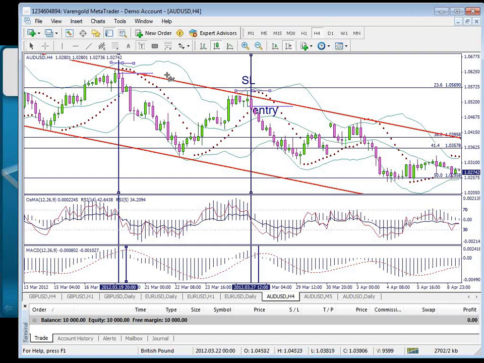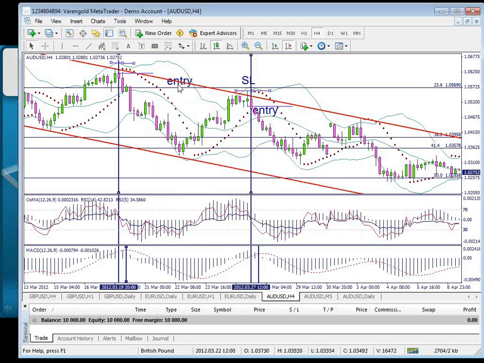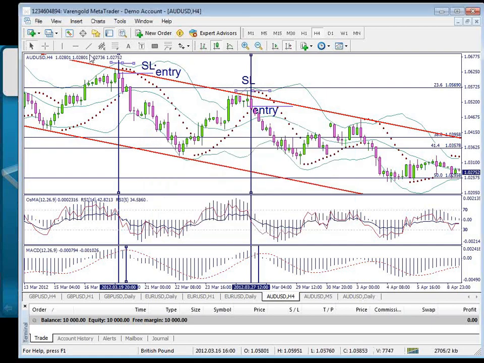So here we have the entry, and here the stop loss. So in this situation, we have 36 pips for stop loss and the target at 38.2, 222. We already have one other type of risk-reward ratio.